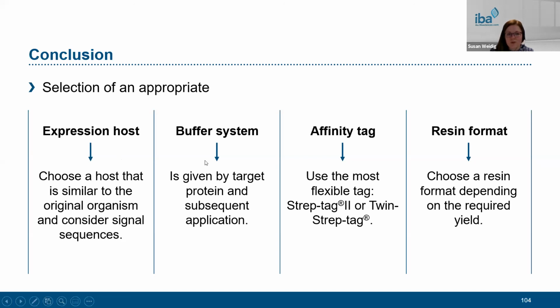And therefore, I would recommend take a buffer system that fits your protein and your application. And for the affinity tag, I would recommend to use the most flexible tag, so the strep tag 2 or twin strep tag. And for the resin format, you can use a resin format which provides the required amount, for example, columns, cartridges, or mostly also magnetic beads.